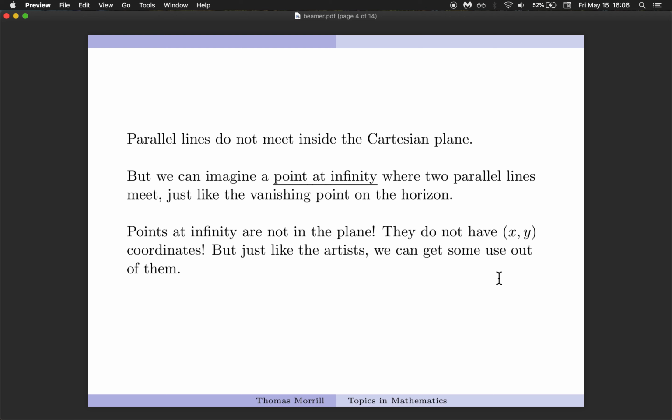The point at infinity, just like the vanishing point out on the horizon, it only exists in our heads. It's an idealized point. But keeping this idea in our heads will allow us to look at geometry and algebraic curves in a new perspective, I'll say.